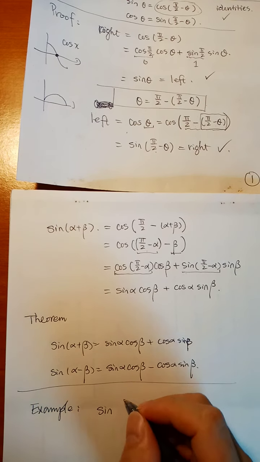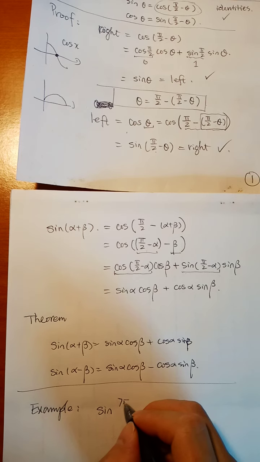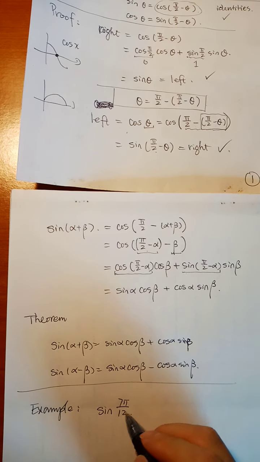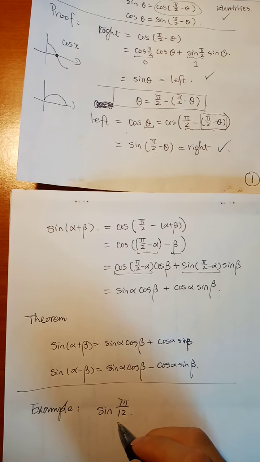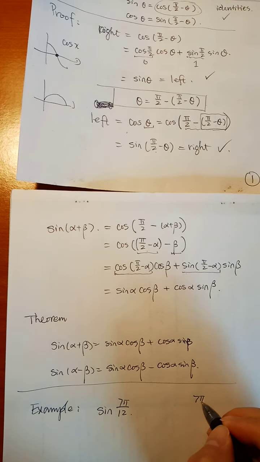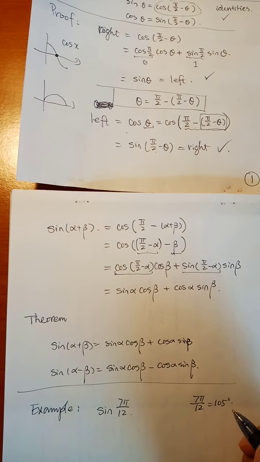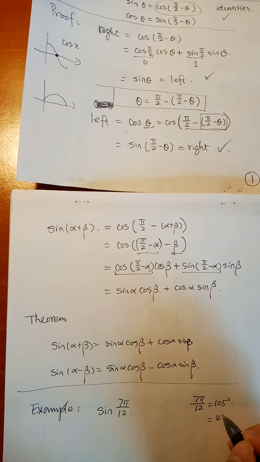Okay? Example. Let's try to compute sine of 7 pi over 12. If you are not familiar with the radians, you can write them as degrees. 7 pi over 12 is 105 degrees. 105 degrees is 45 degrees plus 60 degrees.